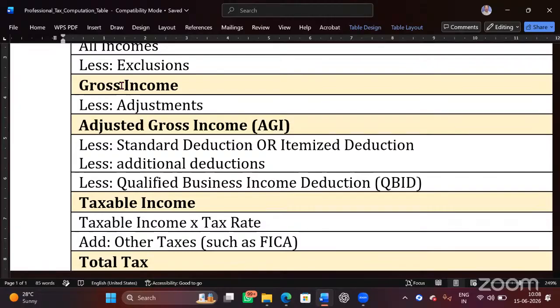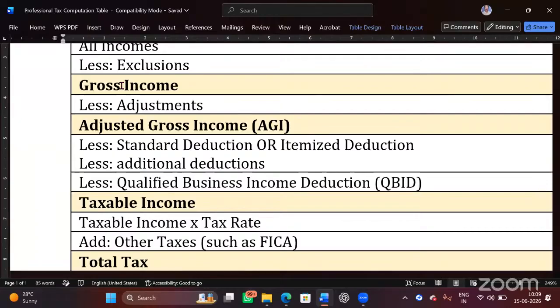So finally, from the adjusted gross income, we need to deduct 2 items. One is standard deduction or itemized deduction. Standard deduction or itemized deduction means the taxpayer has the option to select. Standard deduction means a fixed amount will be deducted, or itemized deduction means it is based on certain types of transactions.